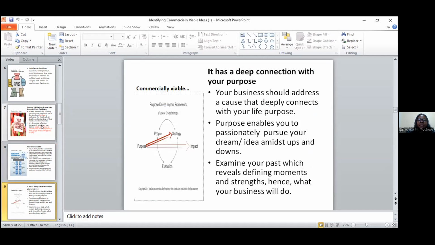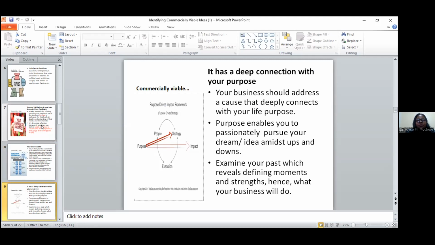Then look at whether your idea has a deep connection with your purpose. Remember, you as a person, there is what inspires you. What do you want in life? What do you want to help people with? For instance, you've looked around and you've seen that there is an issue. There is something that has been on your mind that you need to solve and be relevant to the world around you.